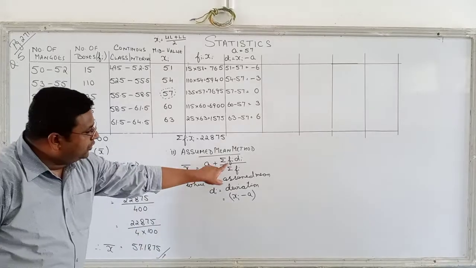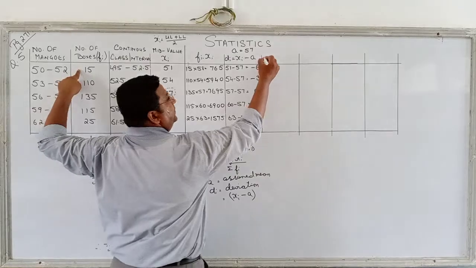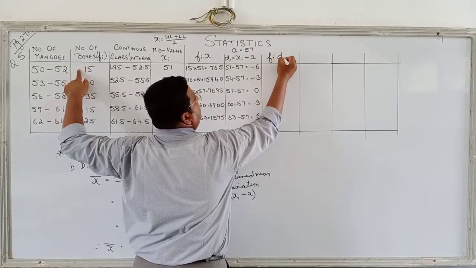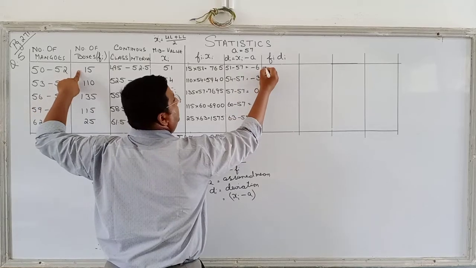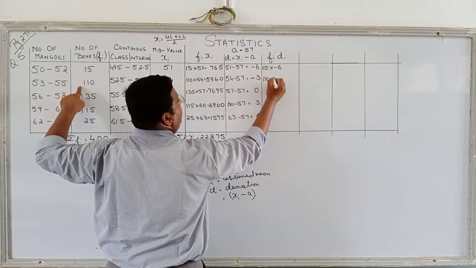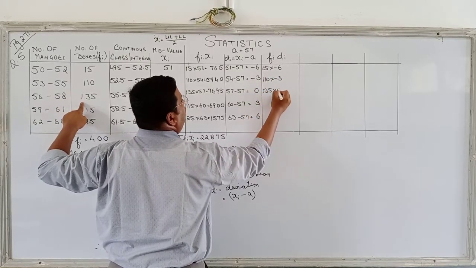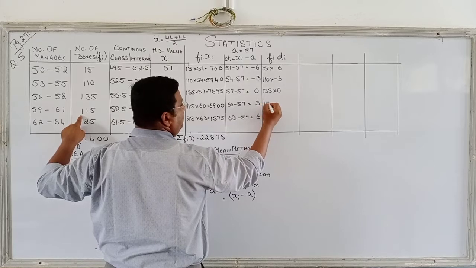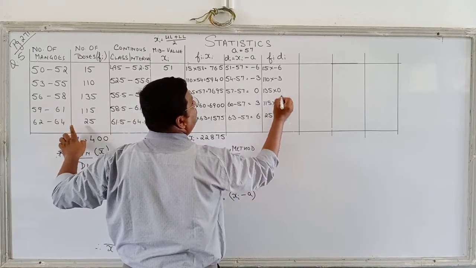Correct? So according to the formula, it is fi into di. Again, do we have fi? So our next column, fi into di. 15 into minus 6, 110 into minus 3, 135 into 0, 115 into 3, and 25 into 6.